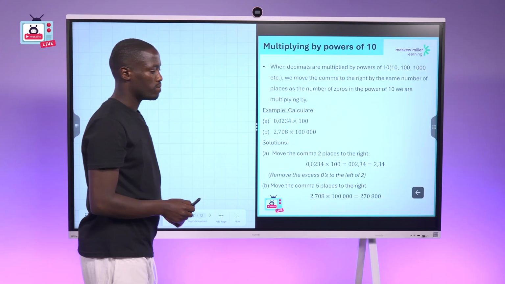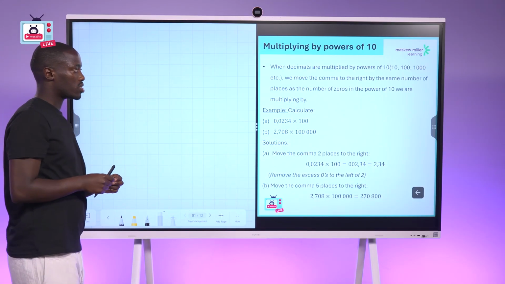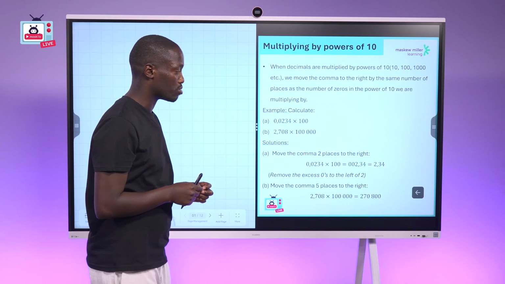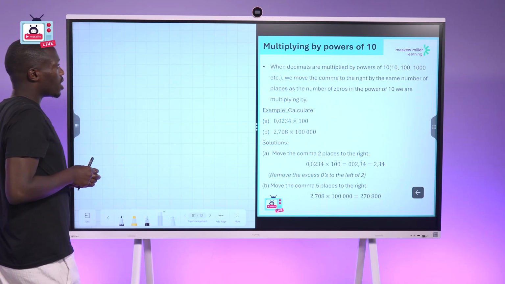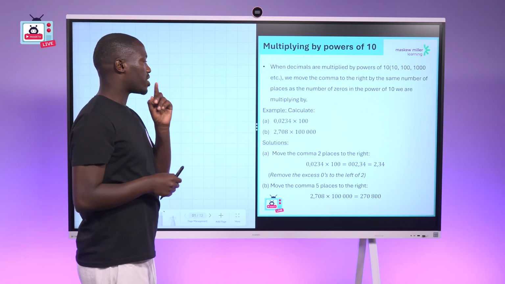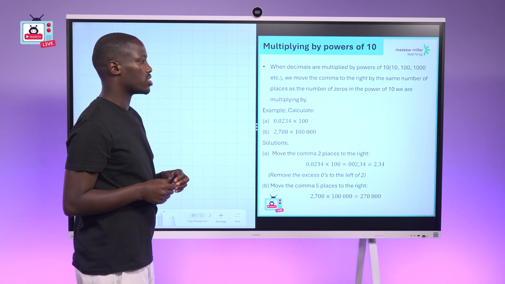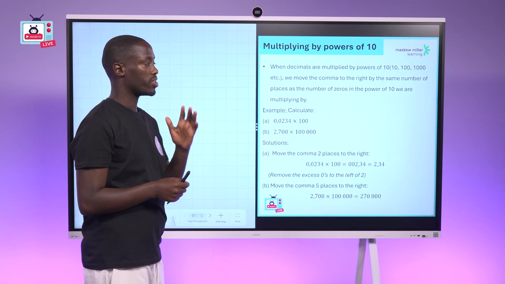Now we have the next one, which is multiplication of decimal fractions. The first one that we're going to deal with is multiplication of decimal fractions with the powers of 10.